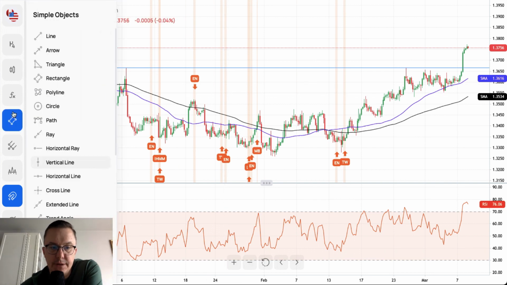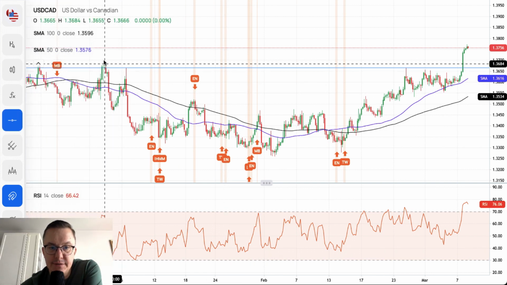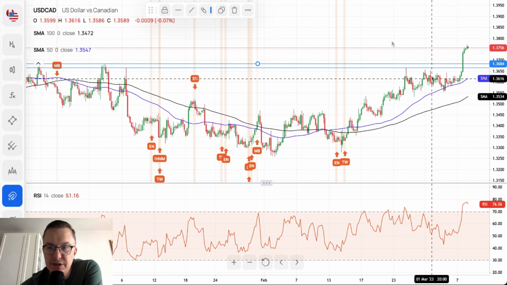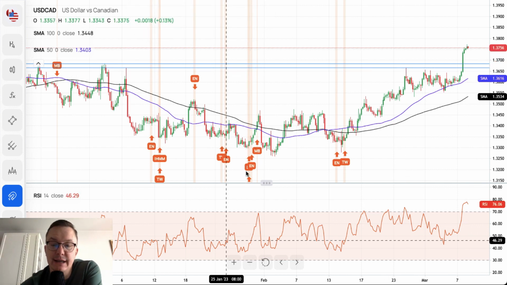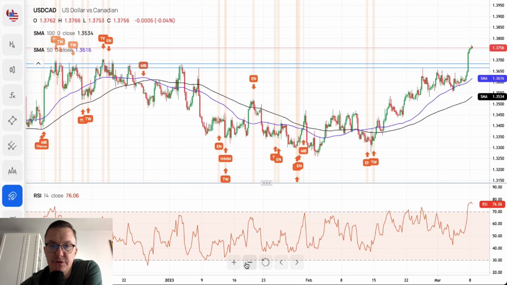And the other horizontal line, the other technical resistance from the beginning of January 2023, located at 1.3684, had been violated, and the market made a new yearly high at the level of 1.3772.